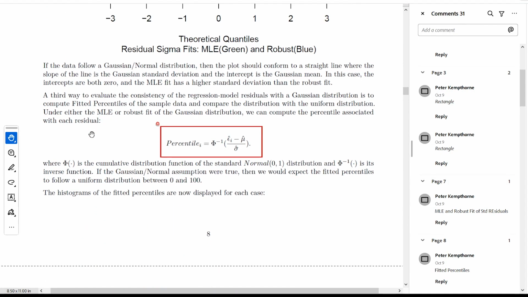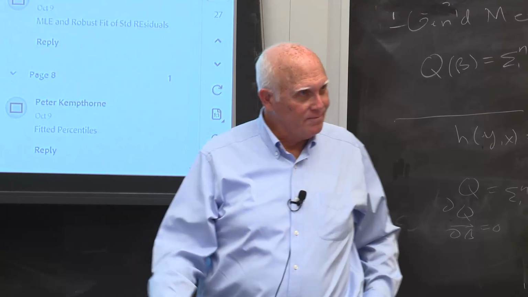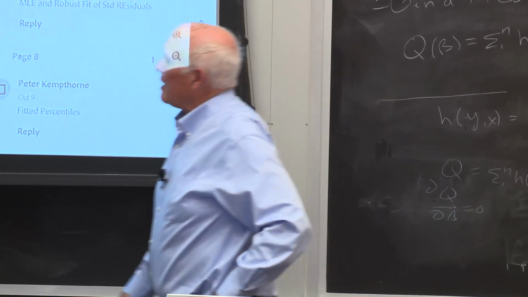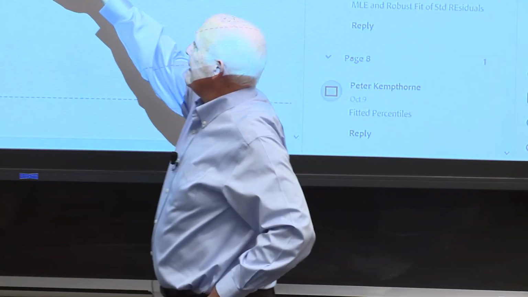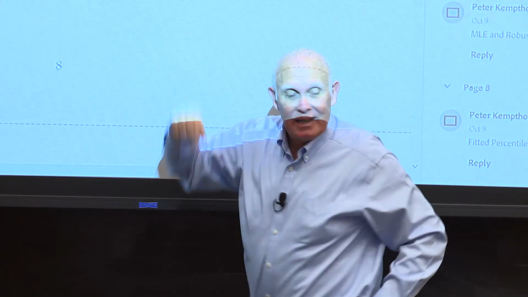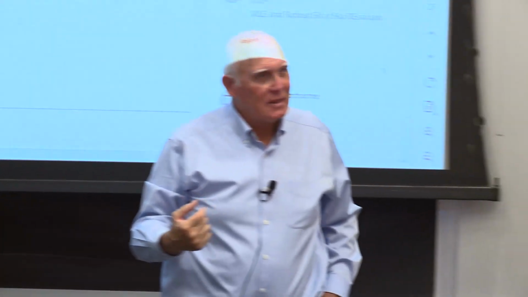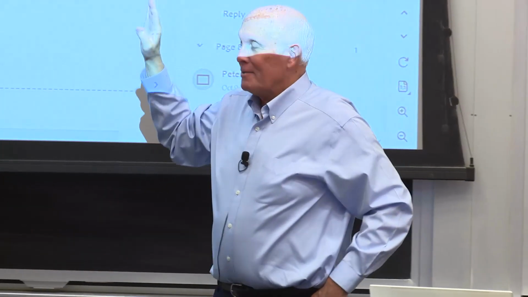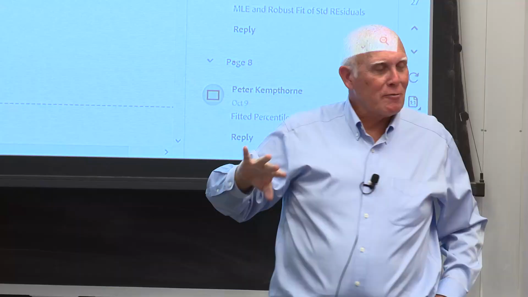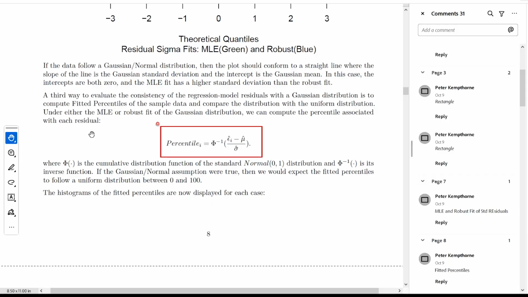And another way of evaluating the residuals is to compute fitted percentiles under the residual model. So if we observe an epsilon hat with mean mu hat and standard deviation sigma hat, we can do the inverse of the probability integral transform and get the percentile of that outcome.